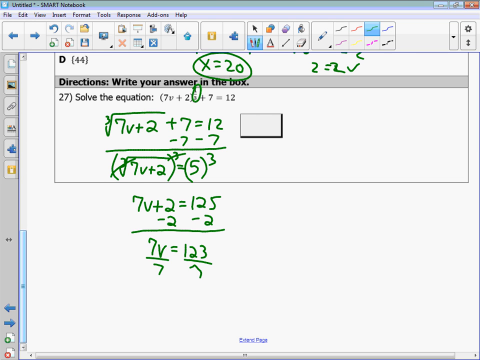Should we check it? We can. Not terrible. 7 times 123 over 7, plus 2, to the 1/3 power, plus 7 is going to equal 12. 7 times 123 over 7 is 123.